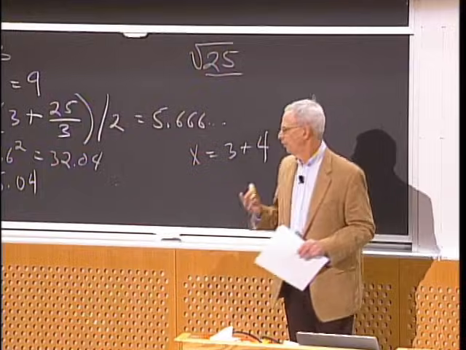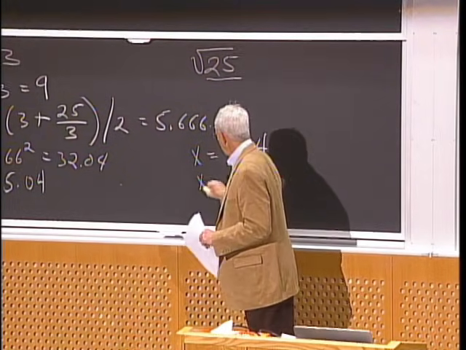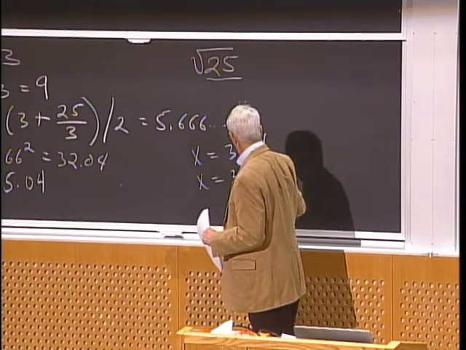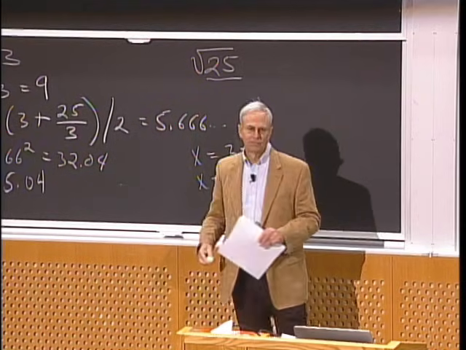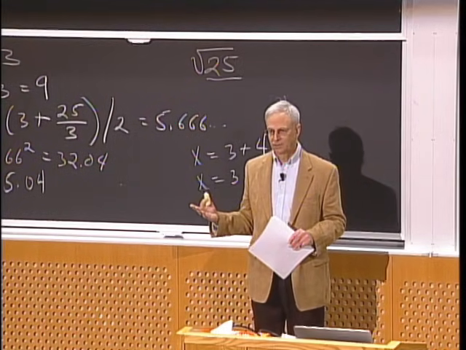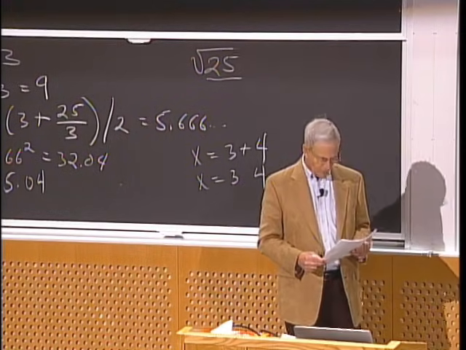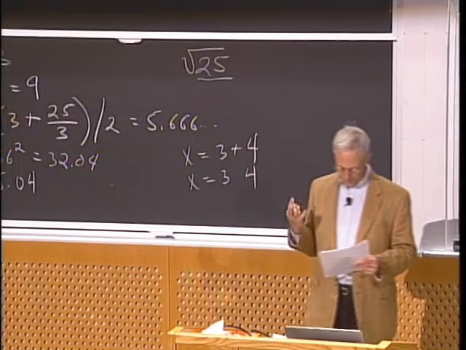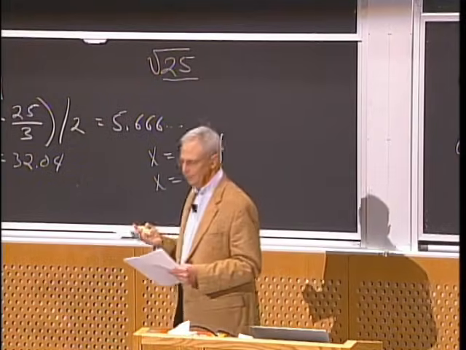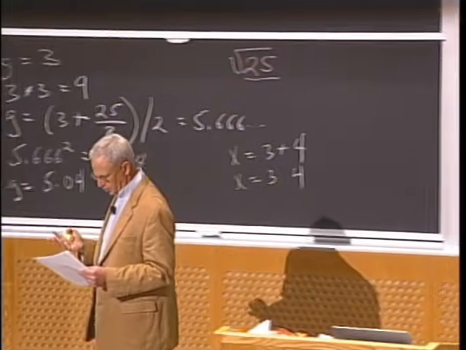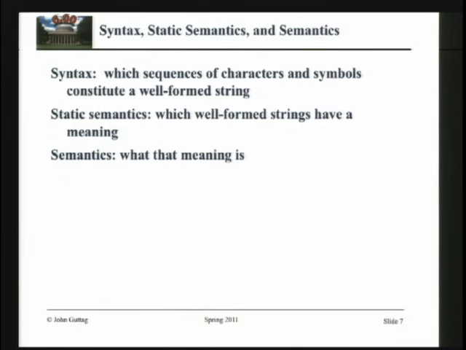It's well-formed. It might also tell us that x equals 3 blank 4 is not syntactically correct. It's not a legal string. So by analogy with English, the syntax describes which strings of words constitute well-formed sentences. Well-formed, not necessarily meaningful.